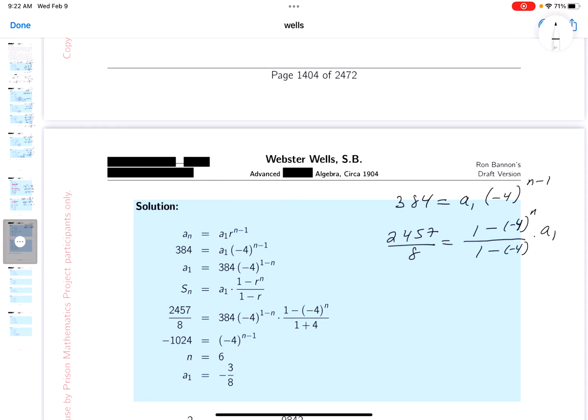And the first thing I want to do is I think I can take the first equation and solve it for A1. And let me write this down for you. So it'd be 384 equals A1. I'm going to take care of that power first off. So that's minus 4 to the n, minus 4 to the minus 1.